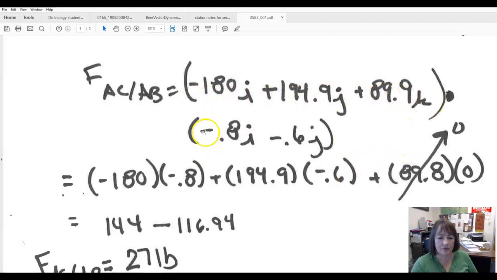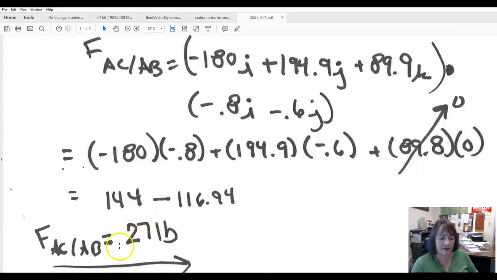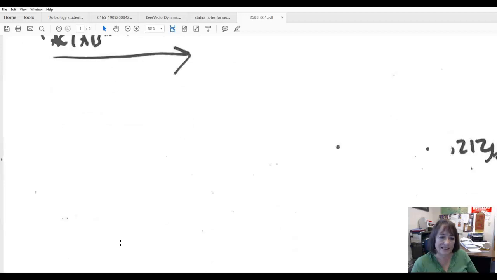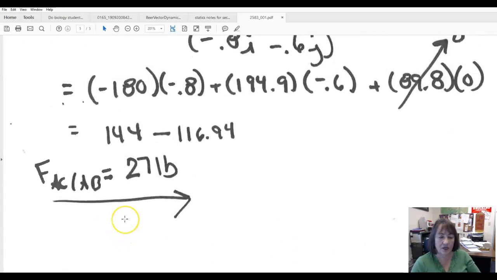This should be labeled lambda along the boom. We dot them together. In other words, we multiply the x components together, multiply the y components together. Over here, the j component is 0, so that goes to 0, but we have two products, add them together, and we get that the force of the cable AC directed along the boom AB has a magnitude of 27 pounds. All right, so that is enough to get you started on your homework.